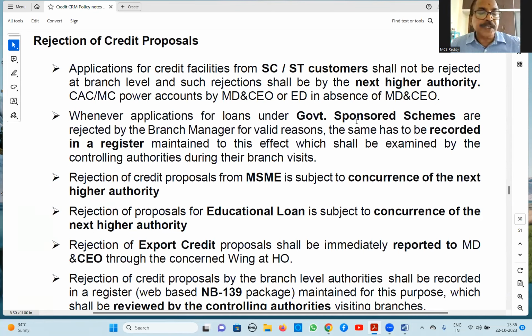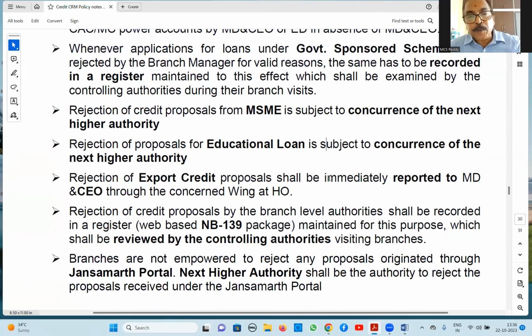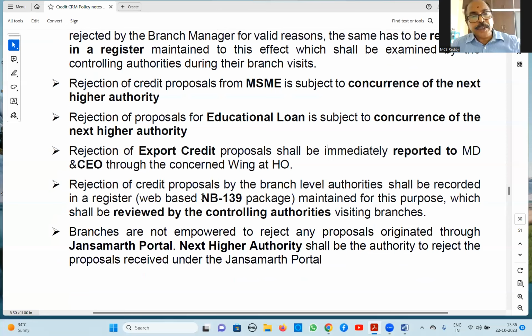It will be reviewed by next higher authority during branch visits. MSME rejection by concurrence of next higher authority. Educational loans also, concurrence of next higher authority is required for rejection. Export credit proposals, rejection should be reported to MD and CEO through concerned wings. Any rejection should be registered in NV 139 web-based package, and it will be reviewed by controlling authorities during their visit to the branches.